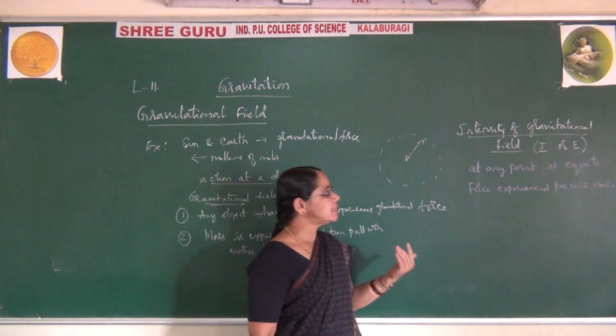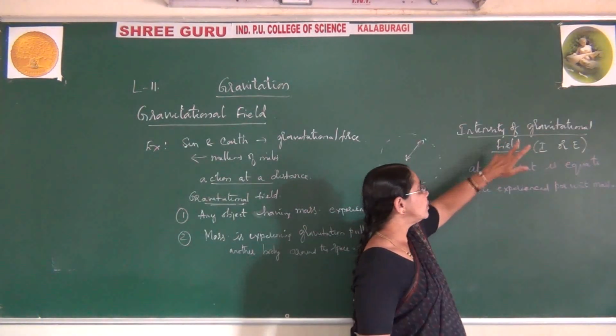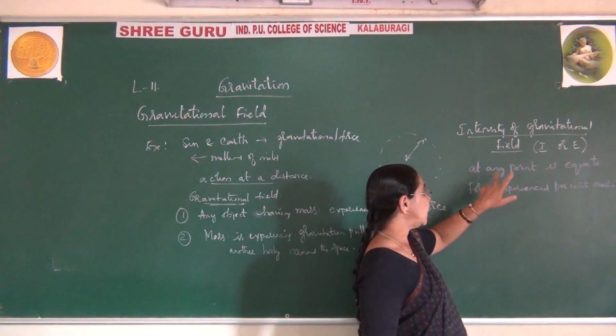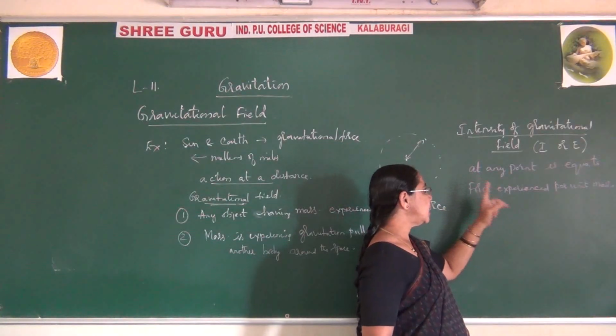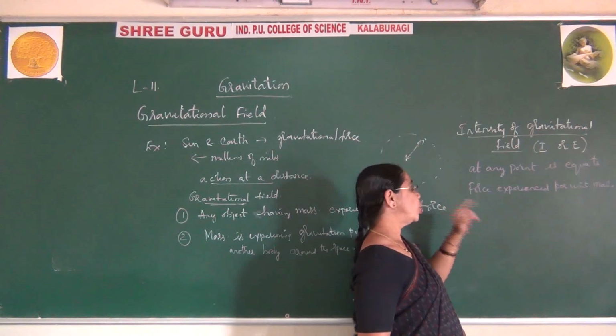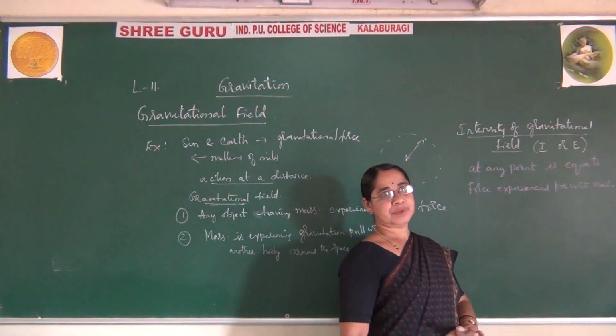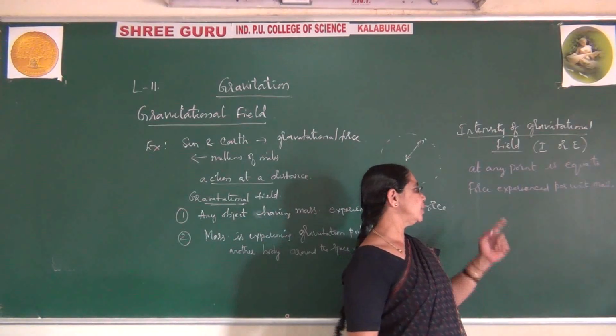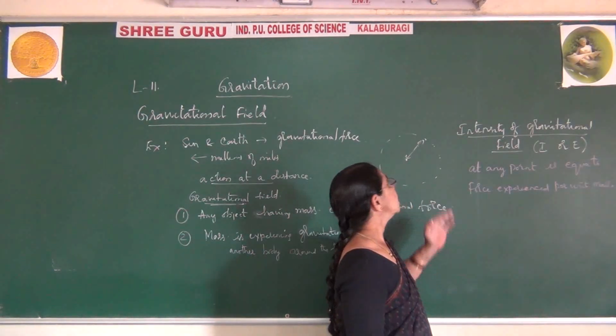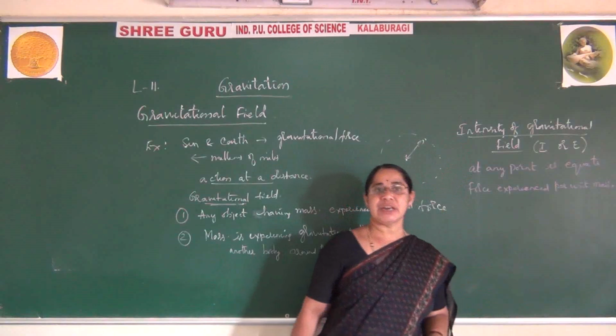Now what do you mean by intensity? Intensity of gravitational field at any point is equal to the force experienced per unit mass. Force experienced per unit mass is called intensity of gravitational field.